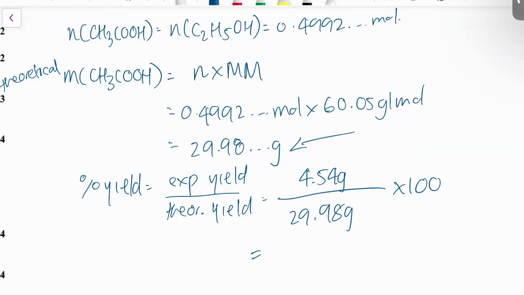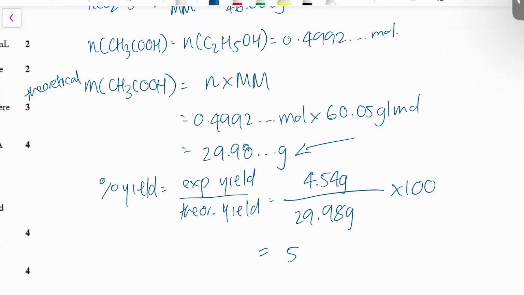I'm expecting 15.1%. Round it off. And then there's a part B that's like, judge how well the experiment went. Did this experiment go any good? No. Because you don't normally get 100% conversion, but it should be a lot better than just 15%.